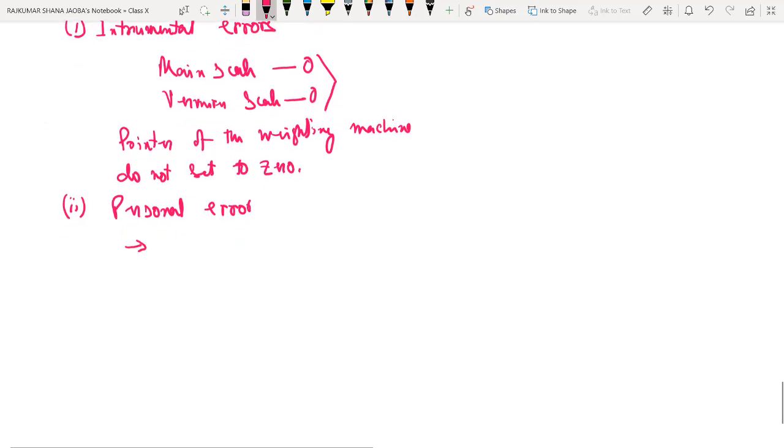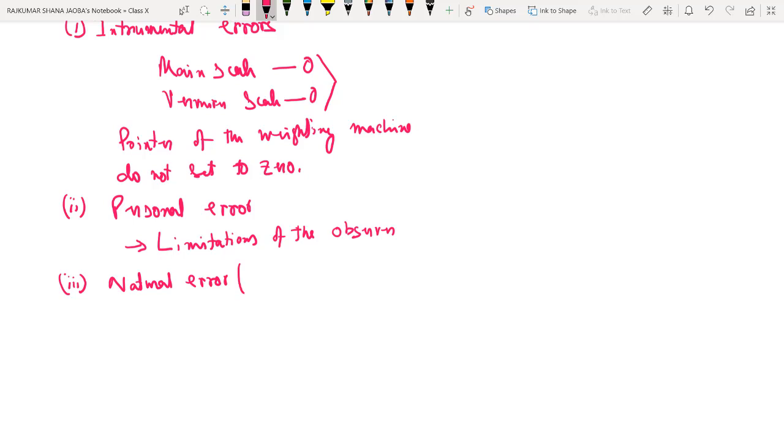Personal error is because of the limitation of the observer. And next is natural error, or we can say environmental error.